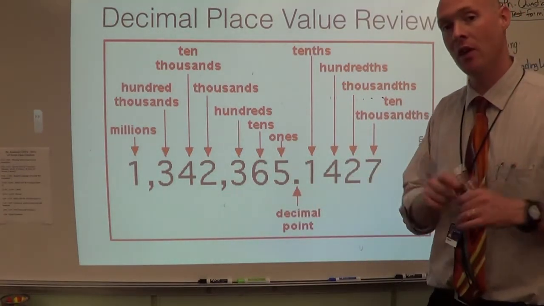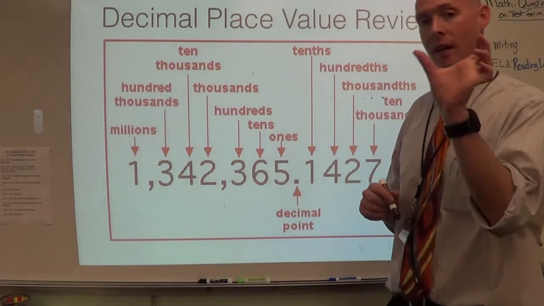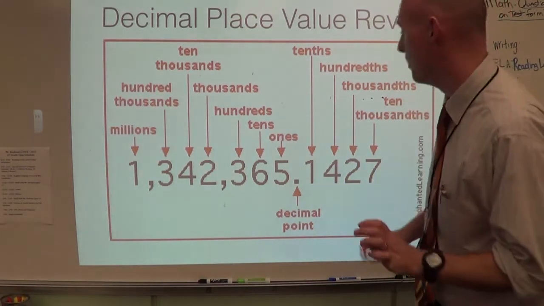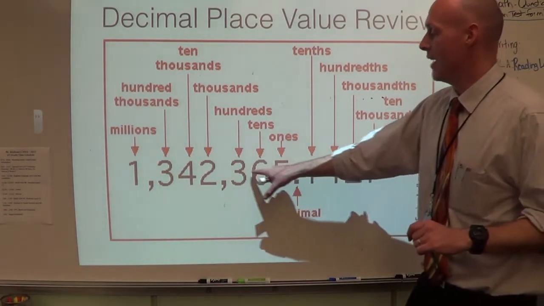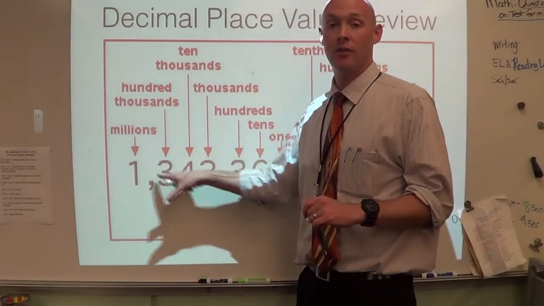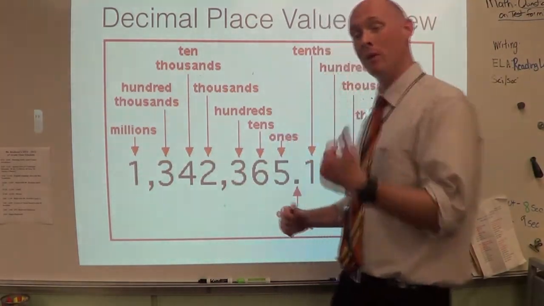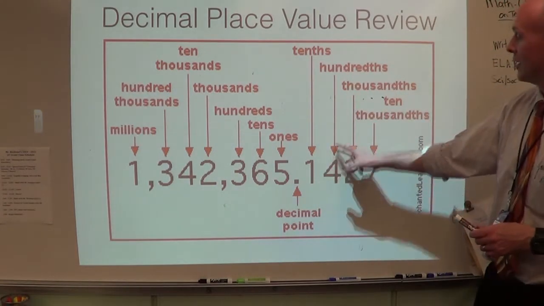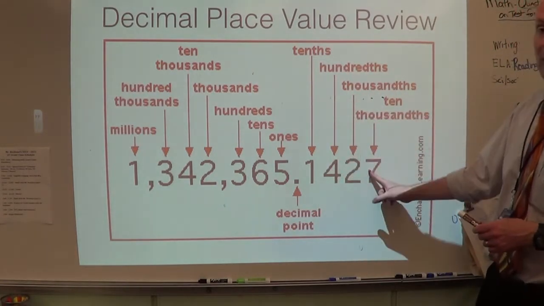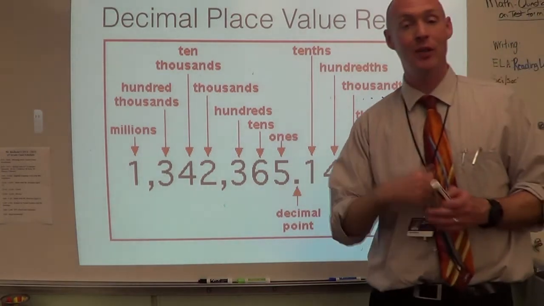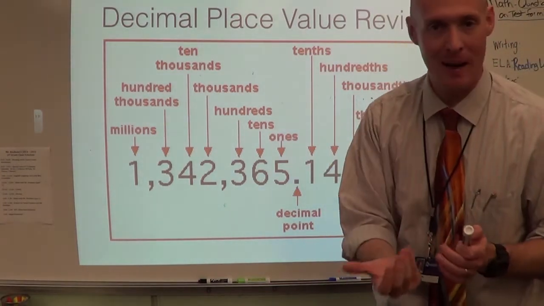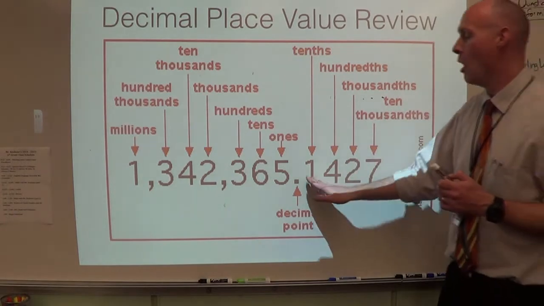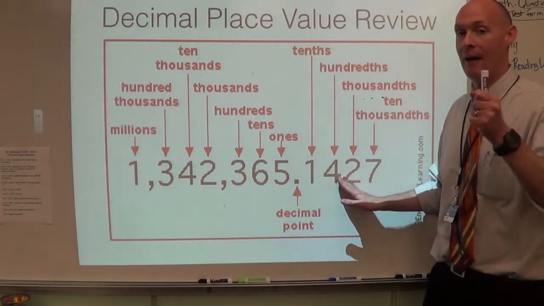I have posters up in the classroom, and also I know in your planner it has a decimal place value chart. So for our sakes, ones, tens, hundreds, thousands, ten thousands, hundred thousands, millions, awesome. But we're going to focus on the decimal side. Tenths, hundredths, thousandths, ten-thousandths. You've probably heard this way back in second grade maybe about the decimal place value. We're going to rely on this a lot, so have this handy.